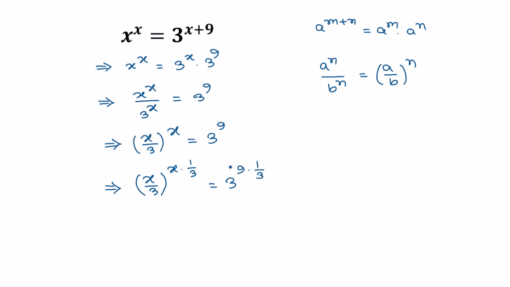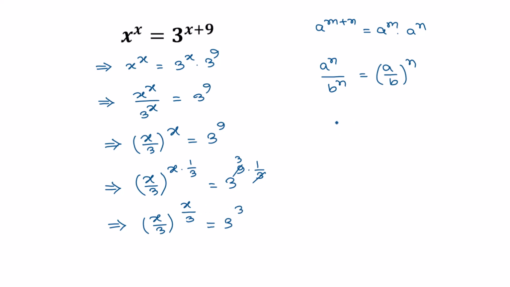On the left side, x over 3 and whole to the power x times 1 over 3, this is x times 1 is x over 3, is equal to, right side 3 to the power 9 divided by 3, here it will be 3, and 3 times 1 is 3.